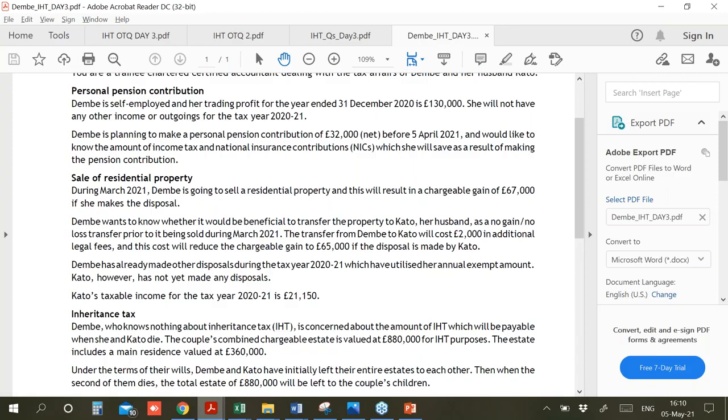This has been changed only and only for the residential property. If you sell residential property, you now have to pay the tax within 30 days of selling the property. So for selling the residential property, that 31st January time period is not available anymore, but that is only for residential property.